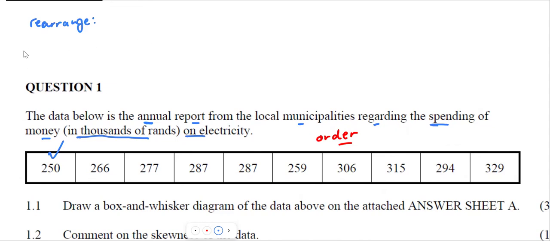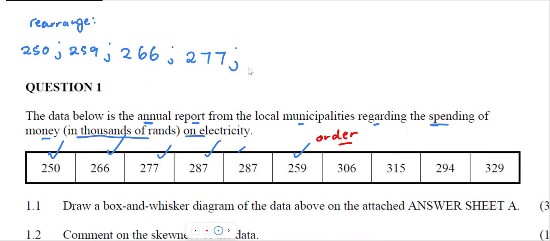The first one is 250, followed by 259, followed by 266. We also have 277, and we have got 287.